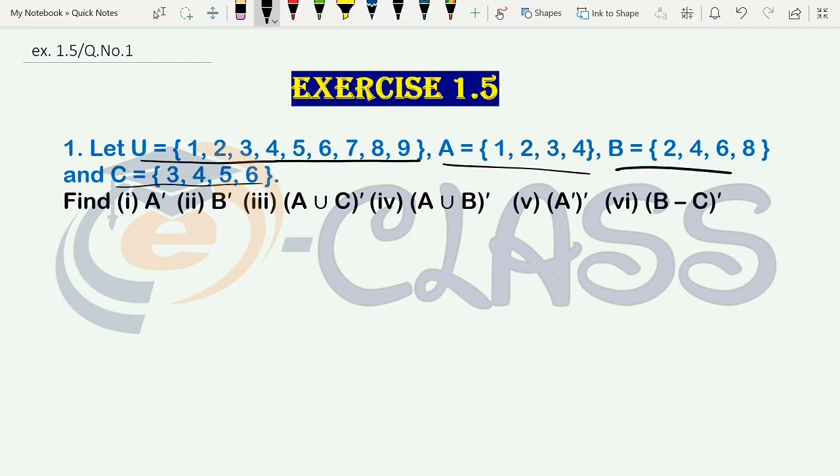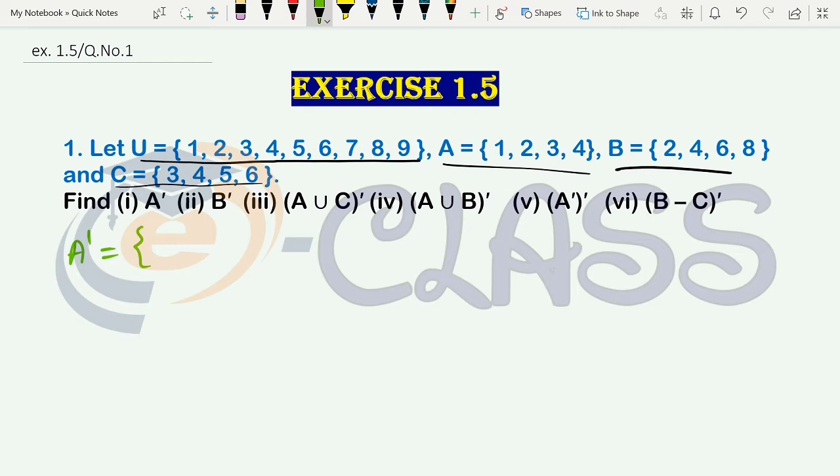So you have to find A complement. A complement equals the elements of universal set U which do not belong to A.